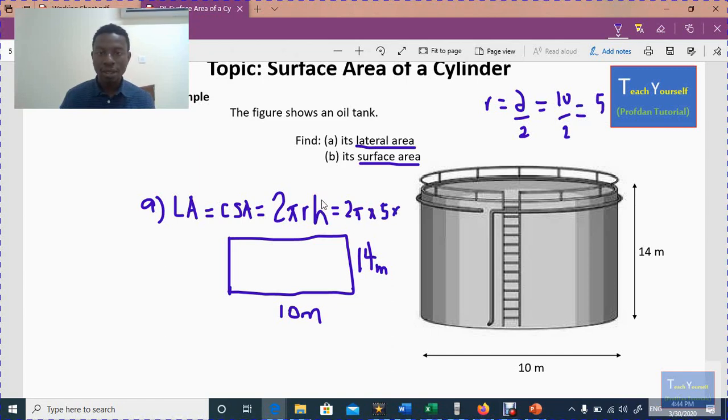times the height of the cylinder, which is given as 14.